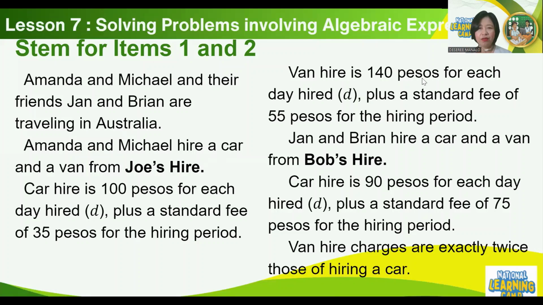Van hire is 140 pesos for each day hired, plus a standard fee of 55 pesos for the hiring period. John and Brian hire a car and a van from Bob's Hire. Car hire is 90 pesos for each day hired, plus a standard fee of 75 pesos for the hiring period. Van hire charges are exactly twice those of hiring a car.